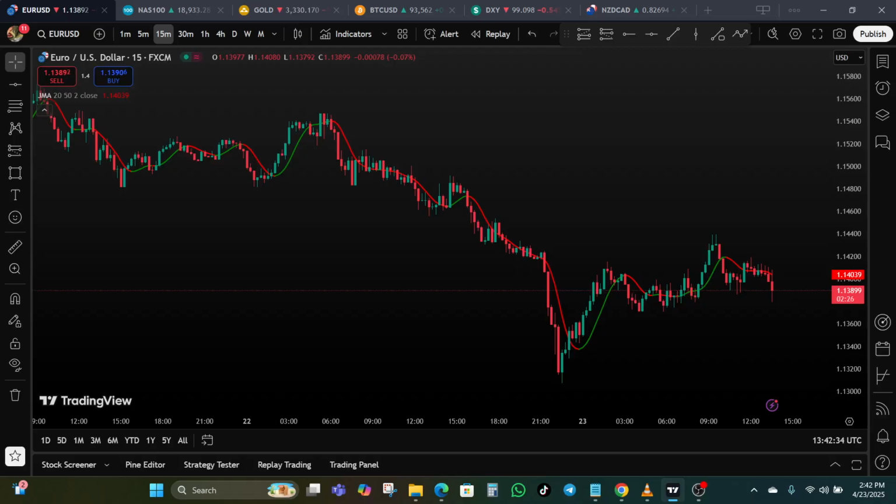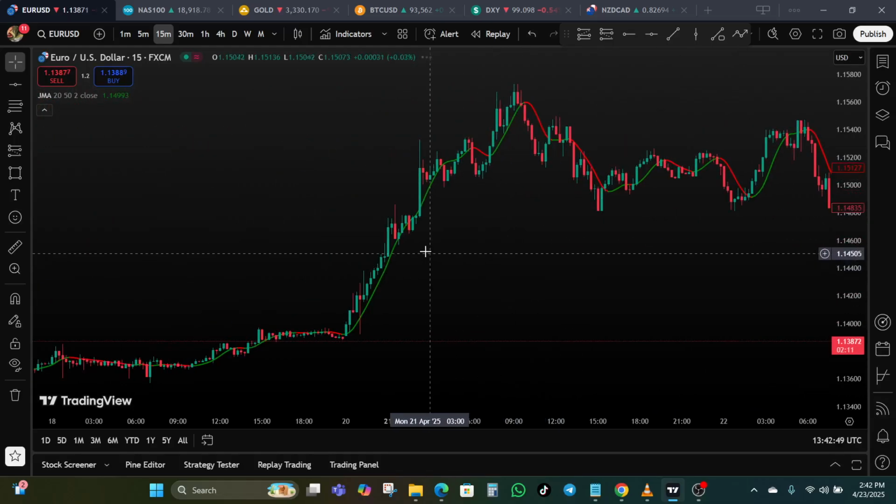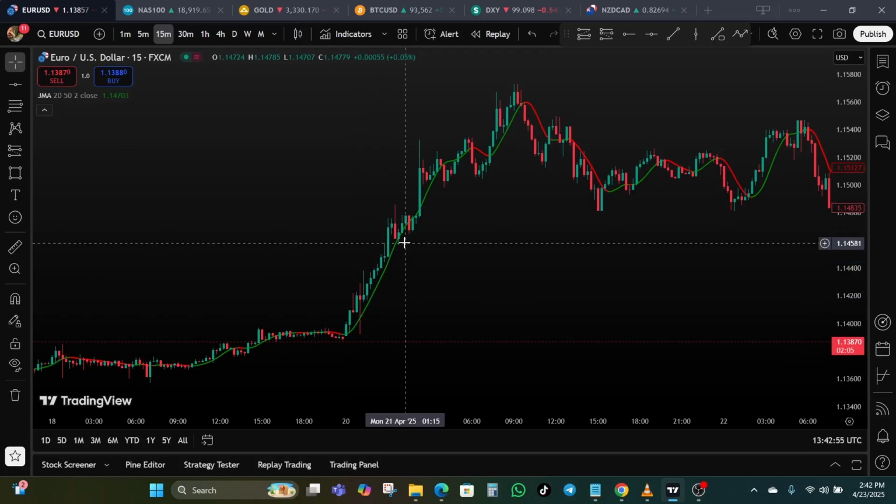The Jurik Moving Average is perfect for active traders who want reliable entry and exit signals. Basically, bullish signals occur when the price is above the JMA and the JMA line is sloping upward.